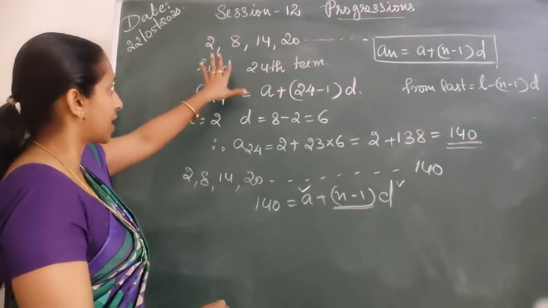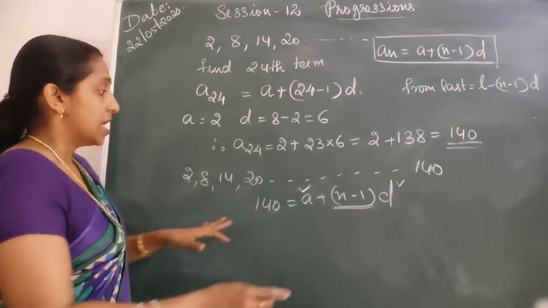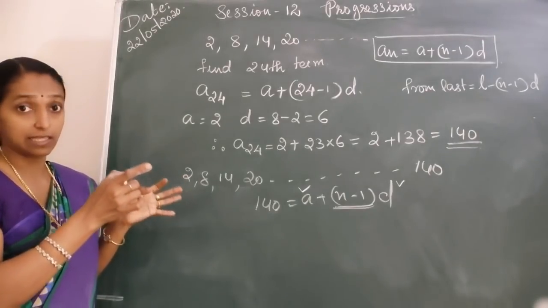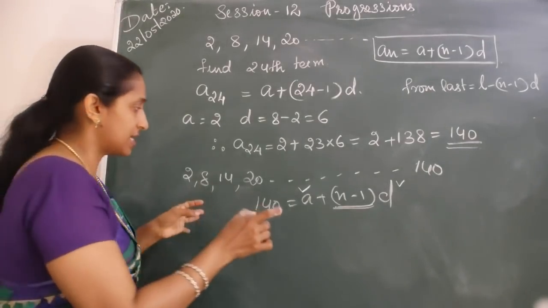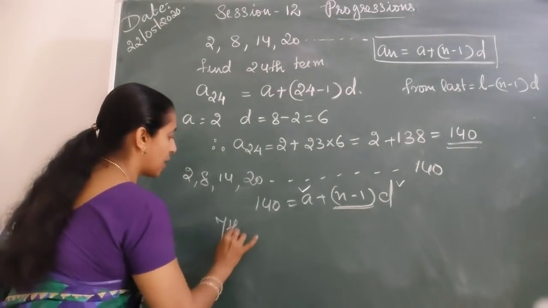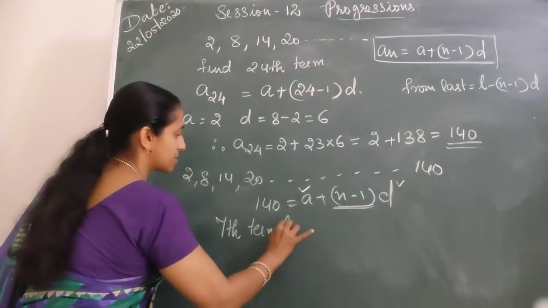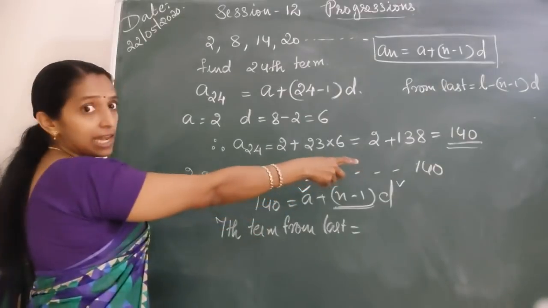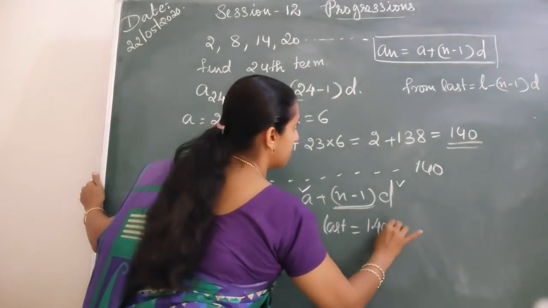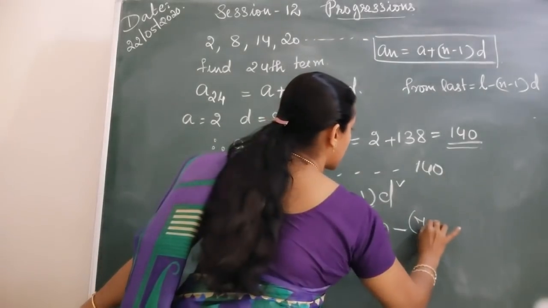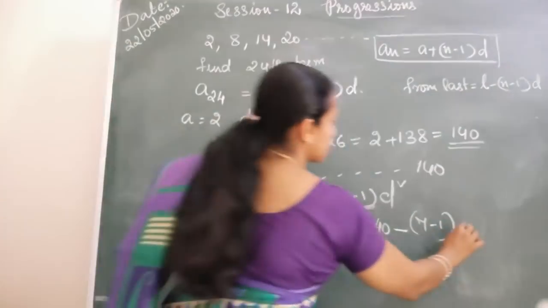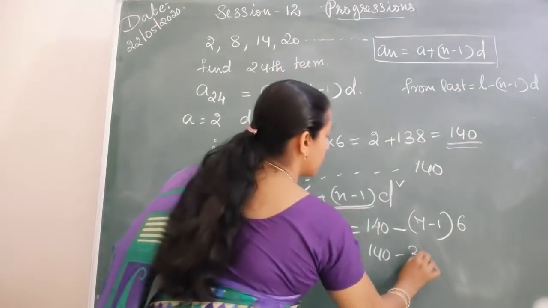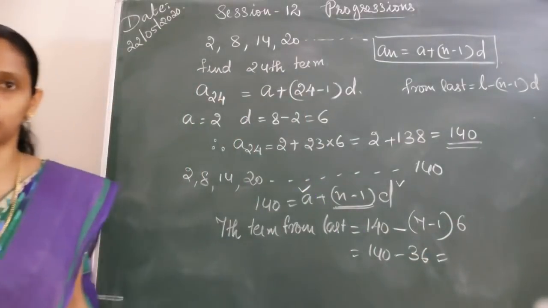So for the same sequence, the seventh term from the last is equal to l. What is our l? 140 is our l. 140 minus 7 minus 1 into d. What is our d? 6. That is 140 minus 6 into 6, 36. So you will get 104. Right?